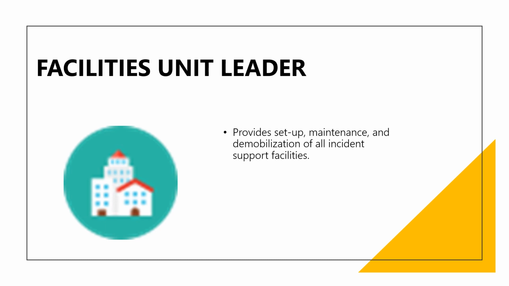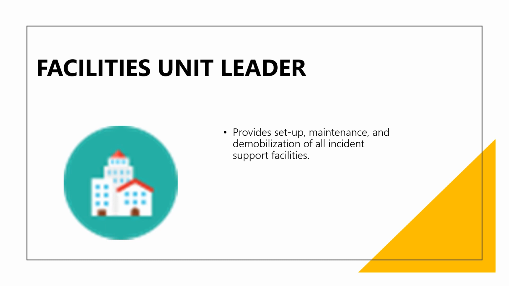If additional personnel are needed, the unit leader is supervising those personnel that are assigned to the facilities unit. They're preparing the layout of any incident facilities as directed by the EOC coordinator or logistics section coordinator, overseeing maintenance specialists working on the facilities and determining requirements for each facility identified to be activated.